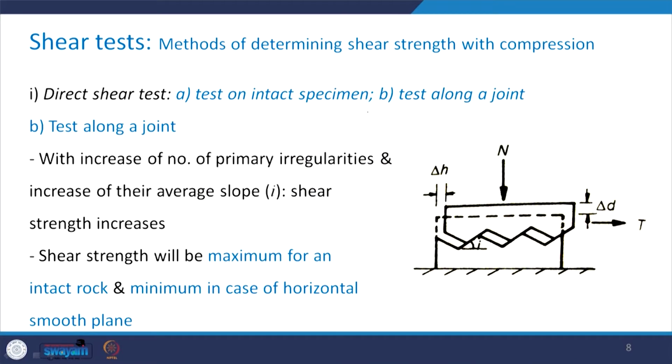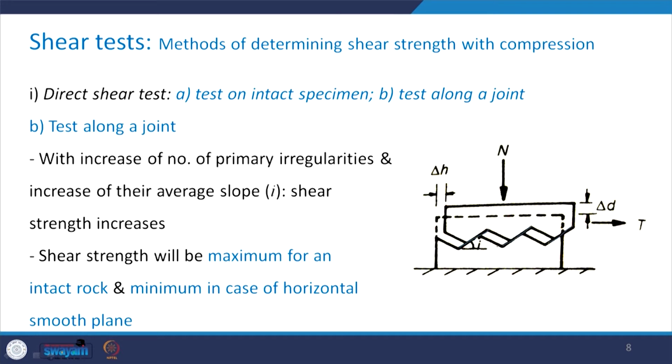Now, consider the increase in the number of these primary irregularities and the increase in their average slope. As I mentioned, these primary irregularities are macroscopic. So, you see that the sliding is taking place along these primary irregularities.